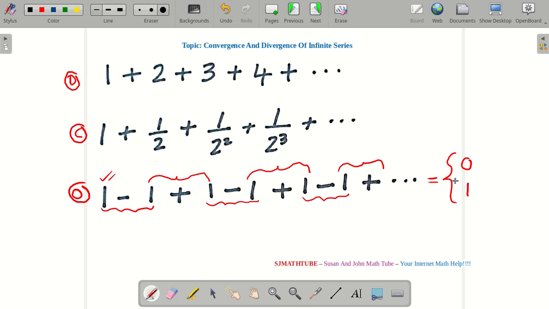Okay, and it's clear that the oscillatory series was generated because of this negative quantity. So what I'm trying to convince you is, if a series has all the terms positive, then it will either diverge or converge. Okay, let's move ahead.